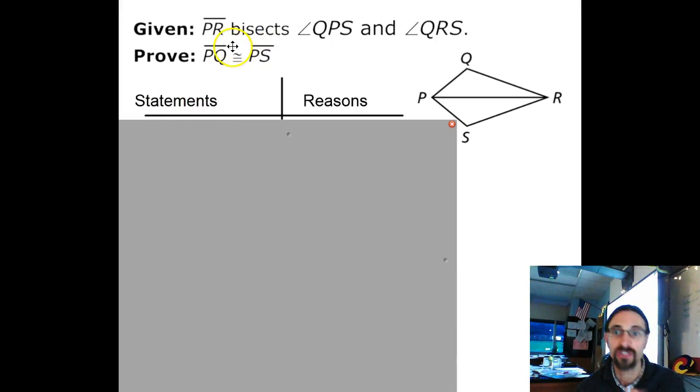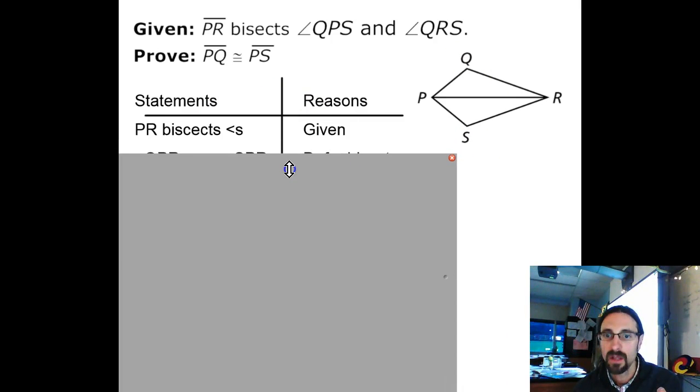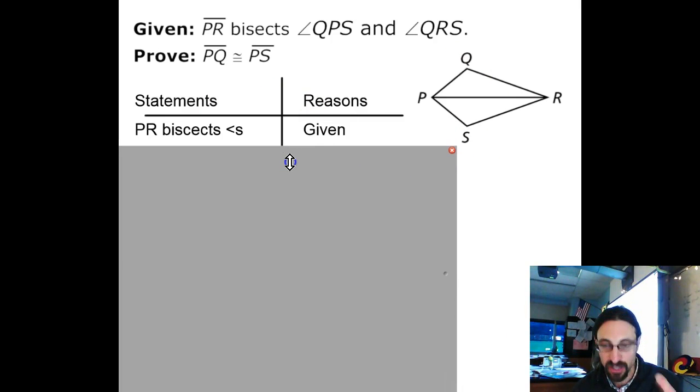Now, here we're going to do a proof using CPCTC. And let's just start off. It says PR bisects angle QPS, so again, it's going to bisect this, and angle QRS. Okay, well, statements on the left, reasons on the right. It says PR bisects the angles, and that's given. What does it mean that it bisects those angles? Well, simply put, it means that this angle is congruent to this one, and this angle is congruent to this one.